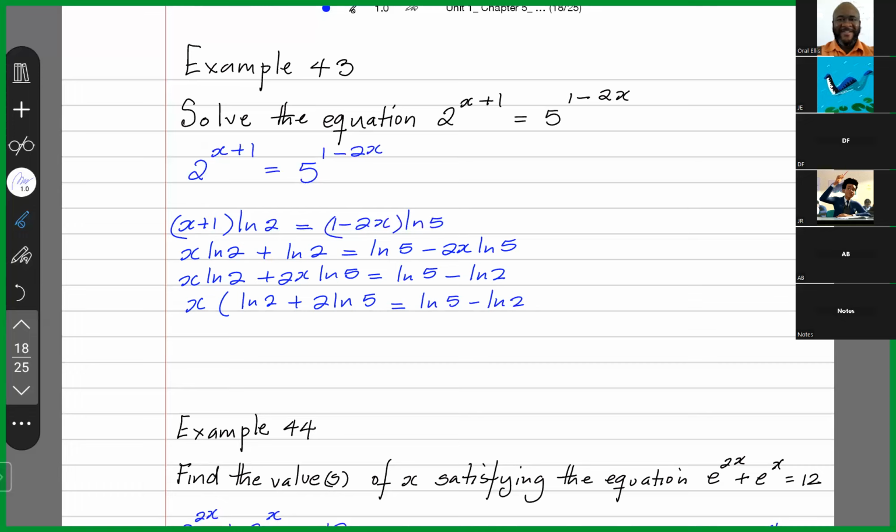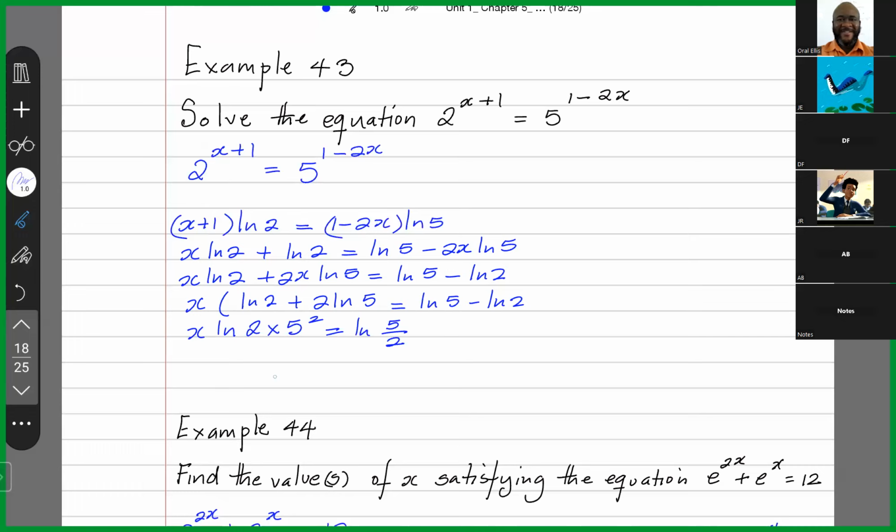So of course, if I want, I could say that this is x ln of 2 multiplied by 5 squared, is equal to ln of 5 divided by 2.